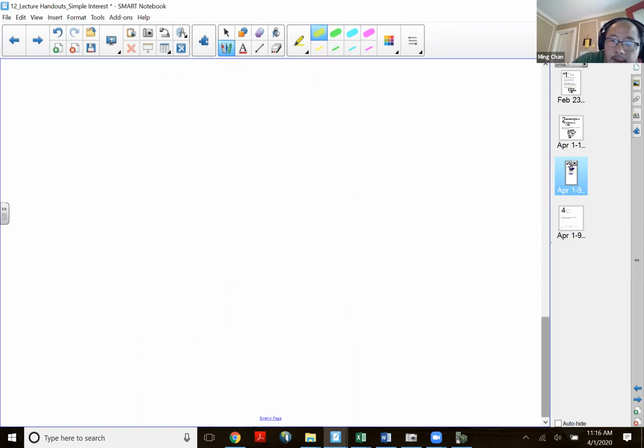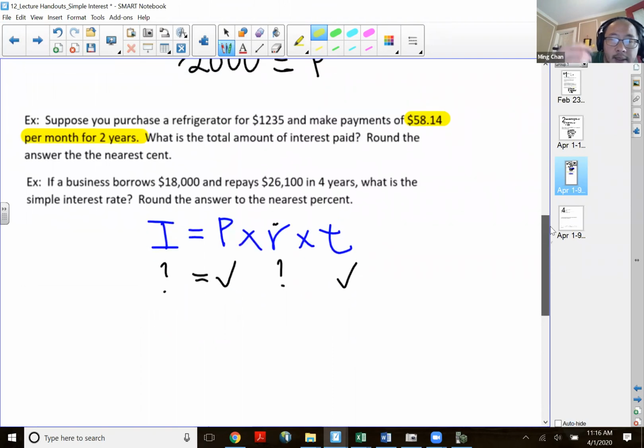So this is where, okay, think about this. If I pay $58.14 a month for 2 years, at the end of the 2 years, I paid off what I borrowed. I paid all the money. So what does pay off mean? If I pay off my debt or what I borrowed, pay off means we have paid what?